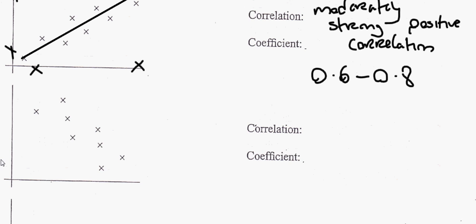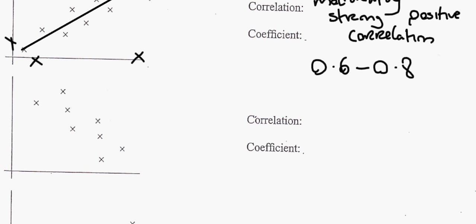Okay, the next one you can sort of see it sort of has a negative slope, so it's a moderate, just like an average, to be honest. A moderate, not even moderately strong, a moderate negative correlation.